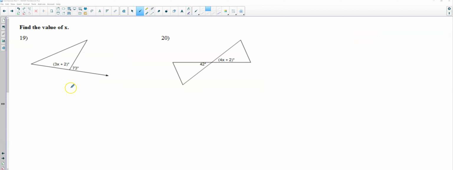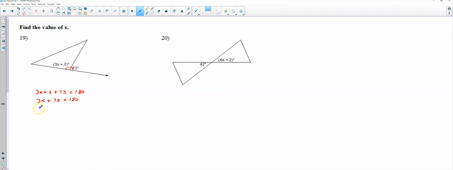Here we need to use geometric knowledge and algebraic knowledge. It says find the value of x. I know that these two are a linear pair, so they must be supplementary. That means they must add up to 180. So 3x plus 2 plus 73 must equal 180 degrees. So 3x plus 73 plus 2, that's 75, equals 180.